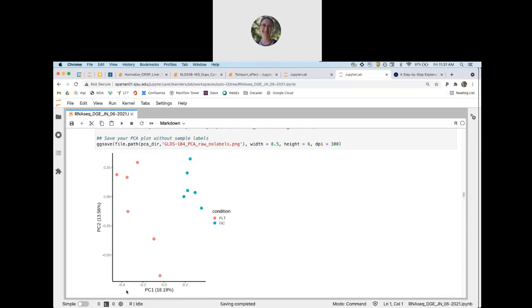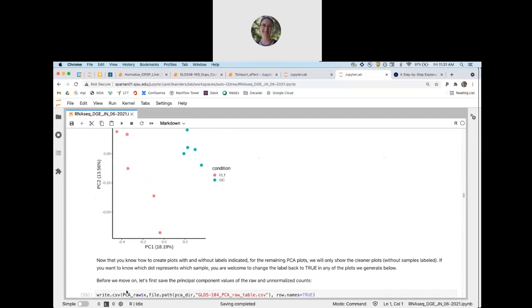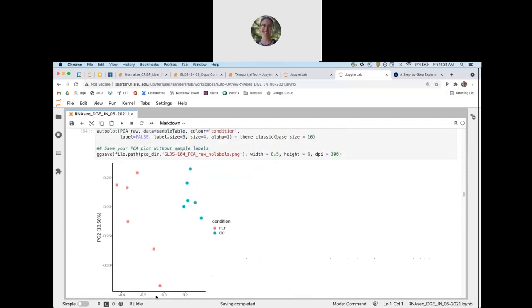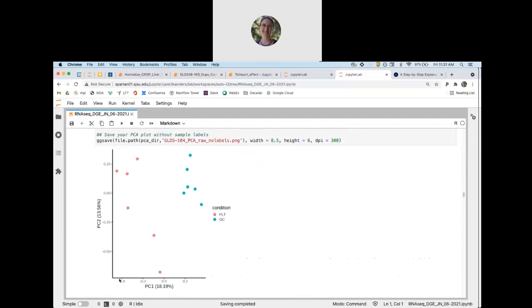And if you look at the x-axis, it represents the first principal component, which explains almost 20% of the variation in the data, and the separation between the two conditions is along the first principal component. So most of the variation in the data is the variation that separates flight versus ground control.